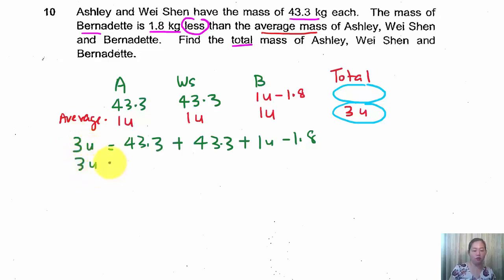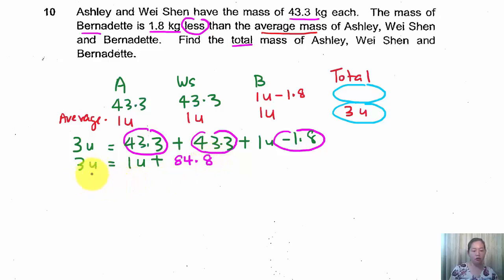So 3 units will be equal to 1 unit, plus we are going to add this and minus this. So this will be 84.8 kg. So now 3 units minus 1 unit is equal to 84.8 kg.